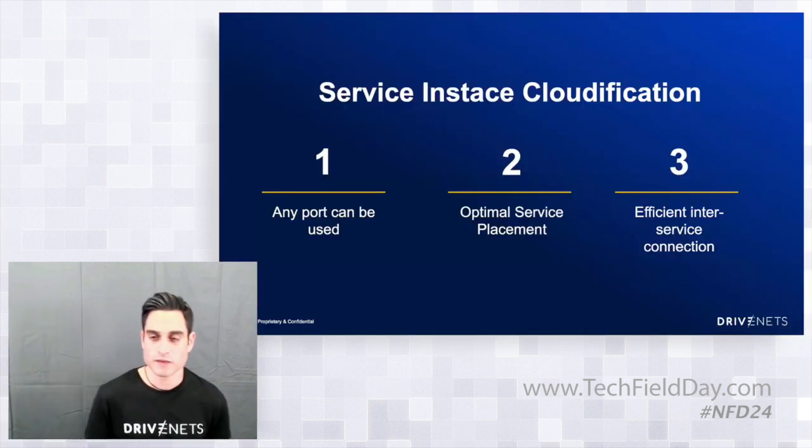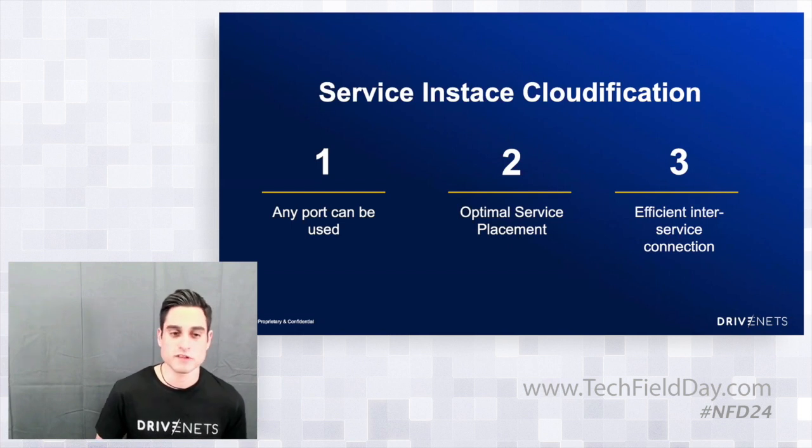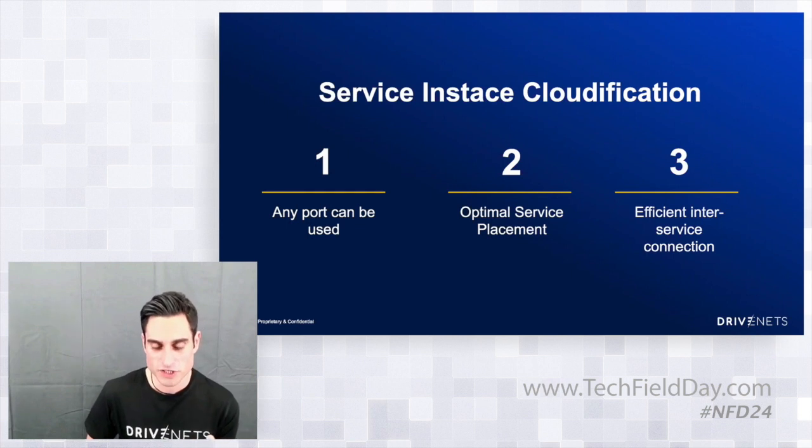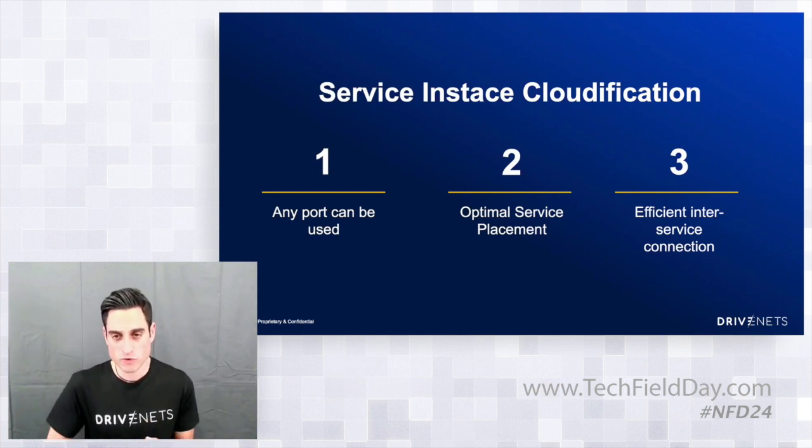To summarize, in order to do service instant cloudification, we needed to define three things. Any port can be used. I don't want to be tied into a physical function like a router or a line card. Any port can be used. I want to be able to do optimal service placement.